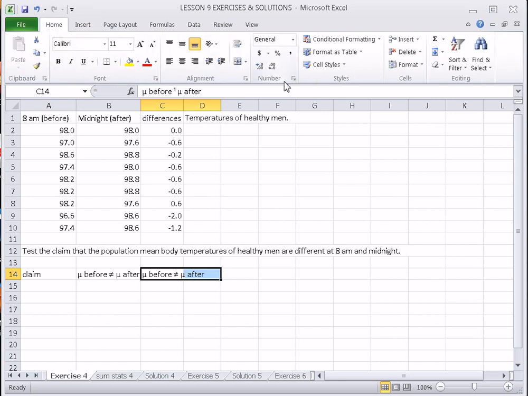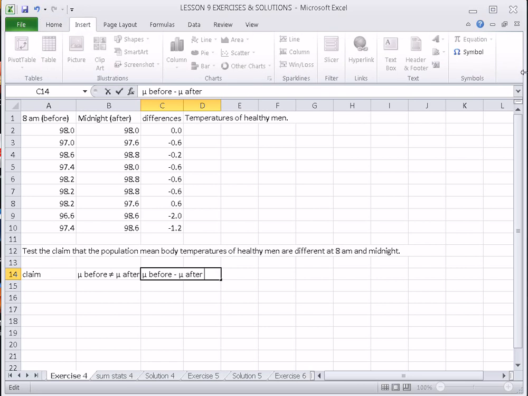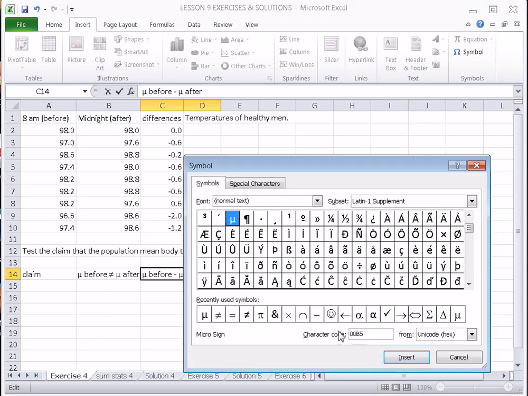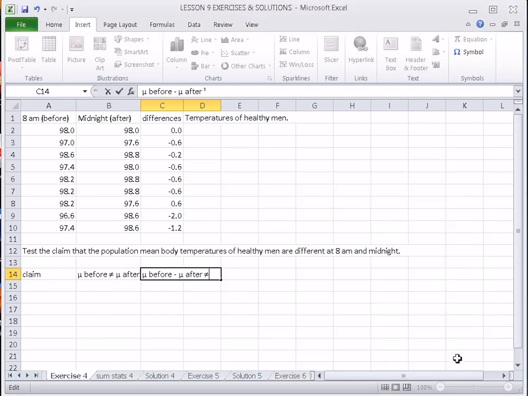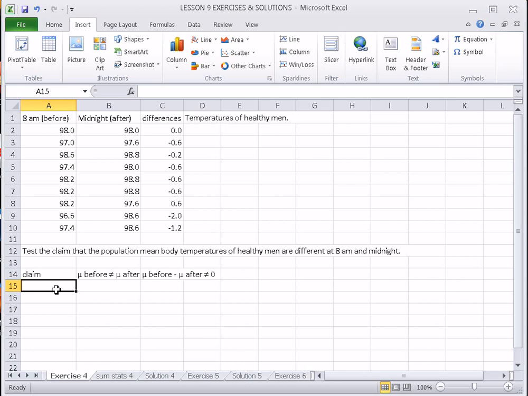So let's get that in here: the mean before minus the mean after is not equal to 0.